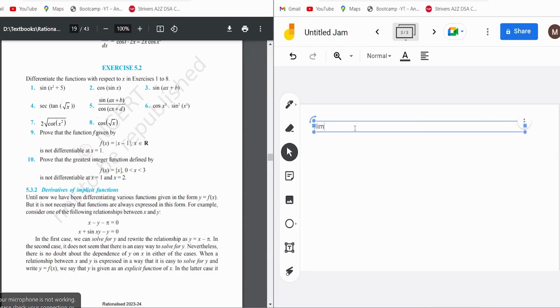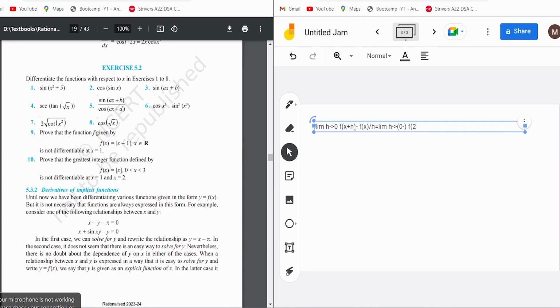What? Limit of h tending to 0, f of x plus h minus f of x divided by h. So what will we get from here? I have to break it into two cases again. Limit of h tending to 0 minus f of, now instead of x we will put 2 because we are checking for 2.